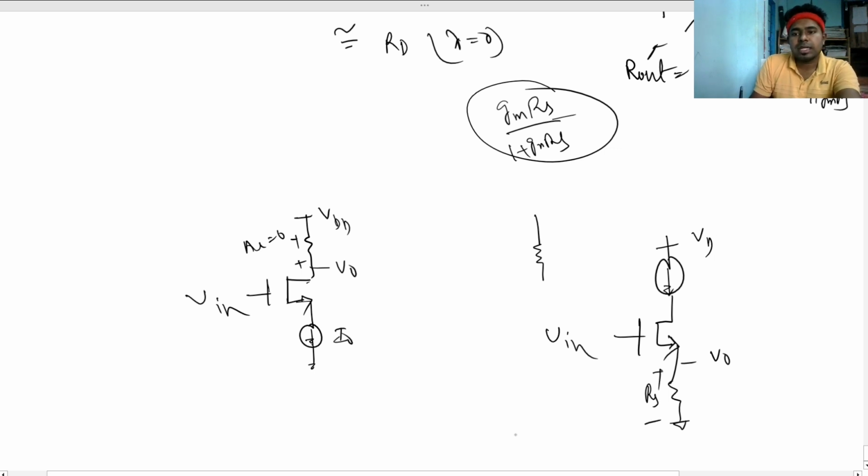So there will be a small signal ground, so the V out will be 0, so the gain will be 0. And one thing I wanted to tell: basically here the overall GM goes to 0, so the gain is going to 0. So this is how we can analyze the circuits.